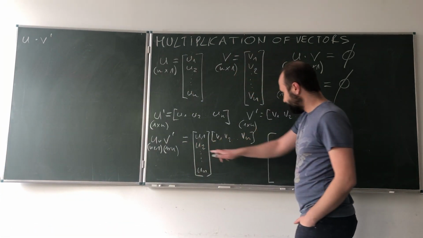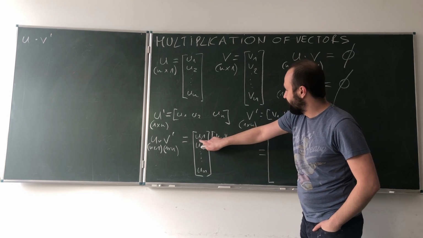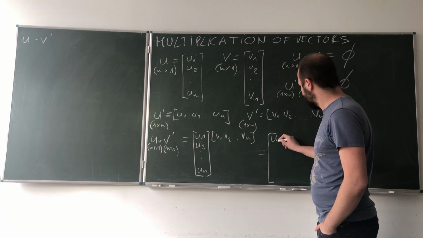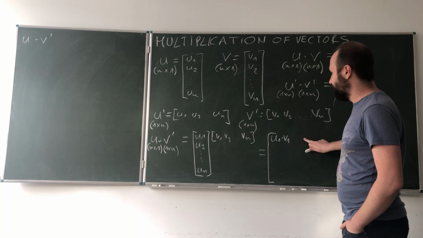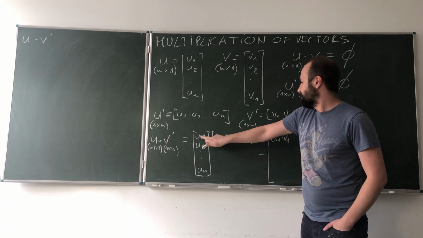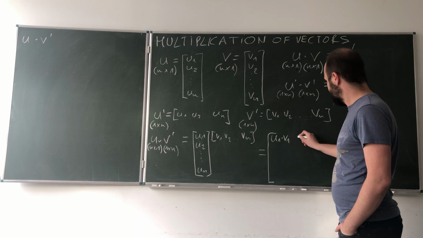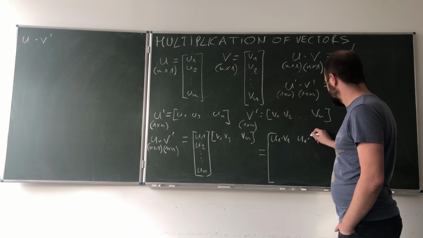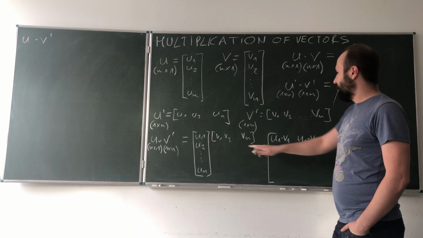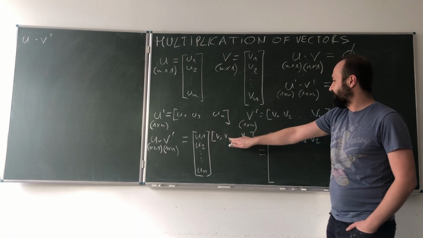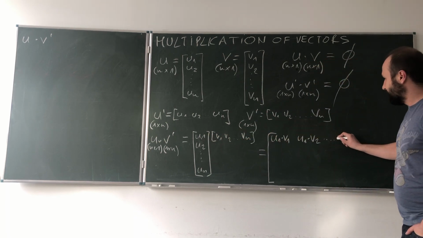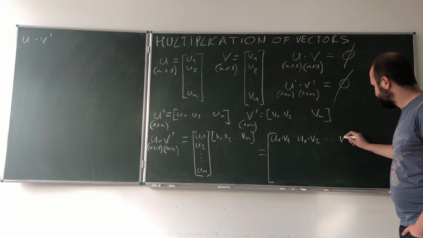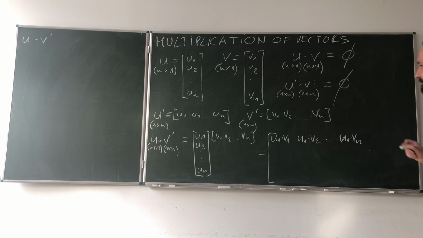So look, first I will multiply first row by first column, u1 times v1. And over here, first row by second column, u1 times v2. And so I will be multiplying u1 by v1, v2, v3 until vn. I would get u1 vn.